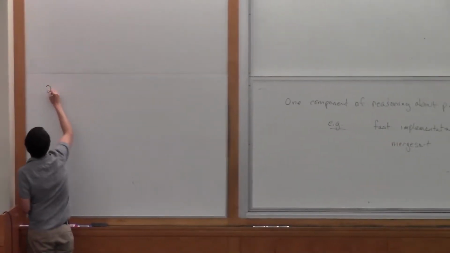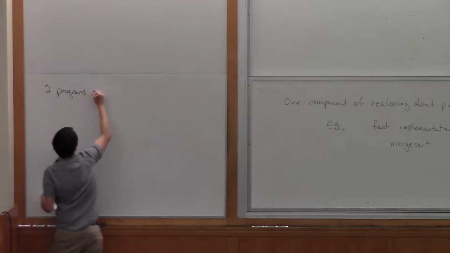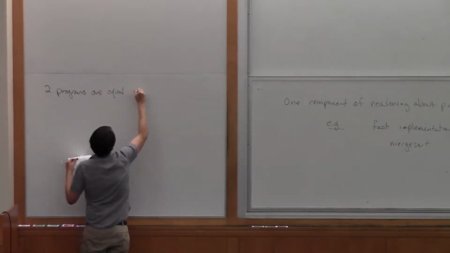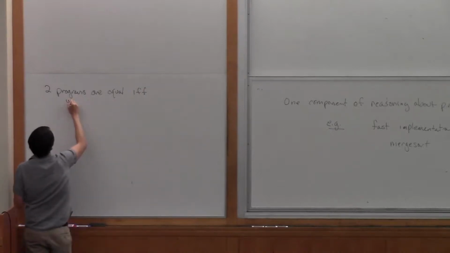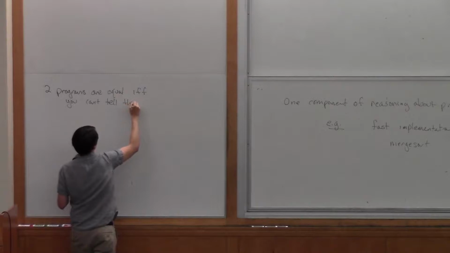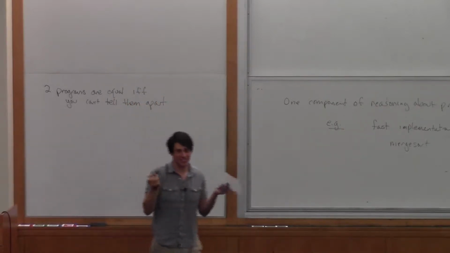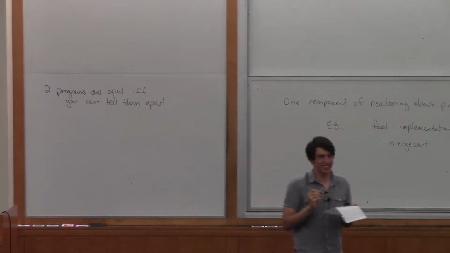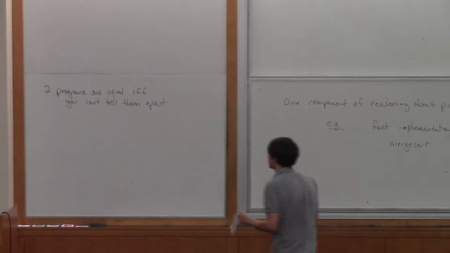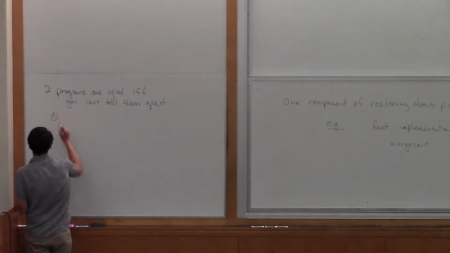My first cut is that two programs are equal if and only if you can't tell them apart. I just double negated, which really doesn't explain anything, but it does lead towards the definition that we'll use.